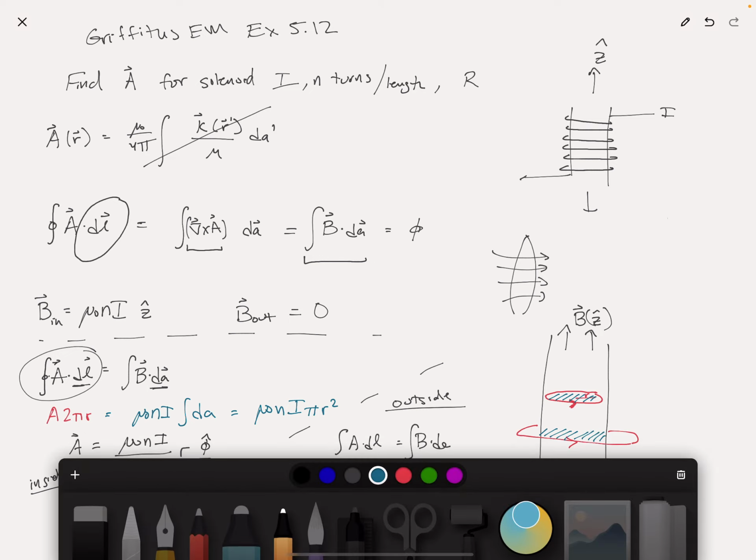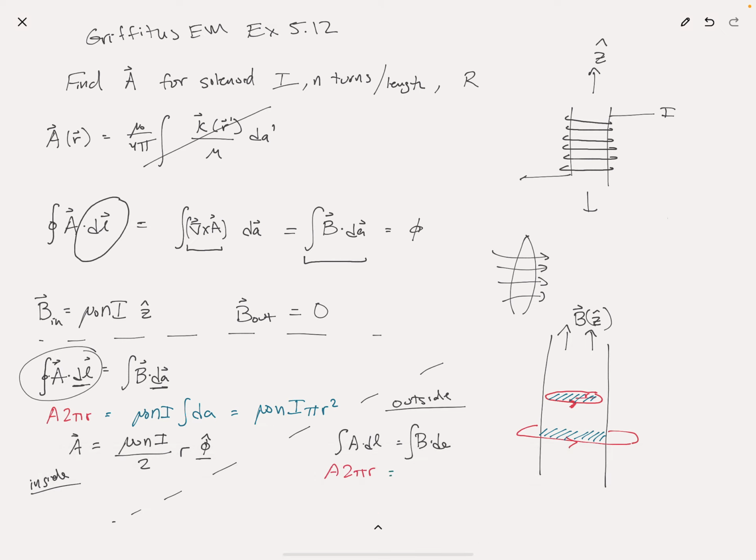So that integral is mu naught NI dA still, but now this is not the same. I'll write the whole thing: mu naught NI, integrating from 0 to R, 0 to 2 pi of r dr d phi.